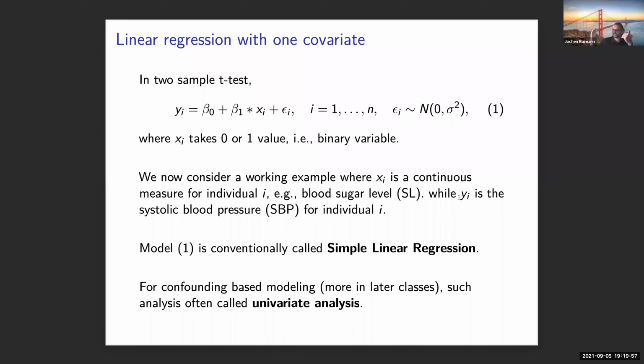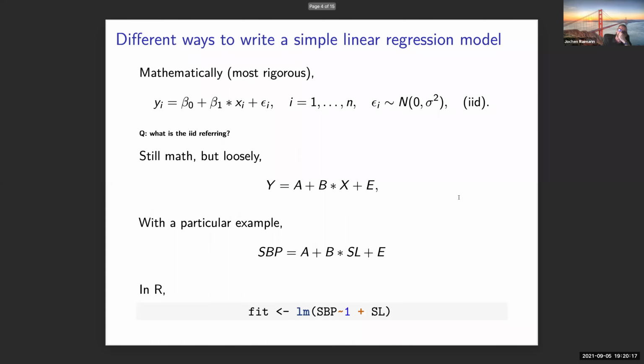With multivariate analysis, it's not only one confounder that plays a role. You will want to add additional confounders to your model, and this will render your linear regression from the status of a univariate analysis to the status of a multivariate analysis. Good. There are different ways to write such a simple linear regression model. The mathematical way is shown here on top, where you see the Yi, which is your left-hand side.